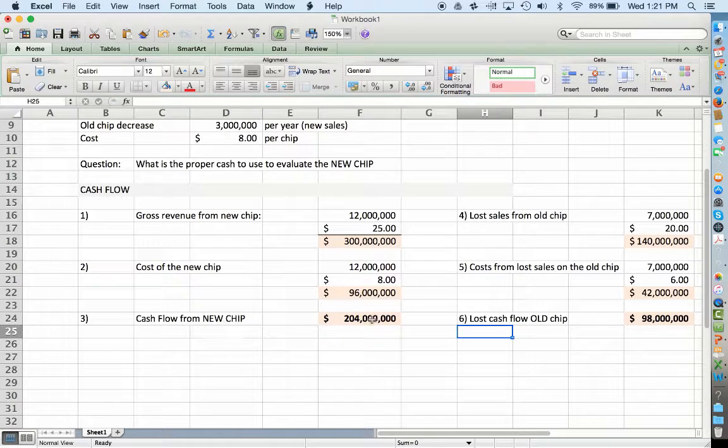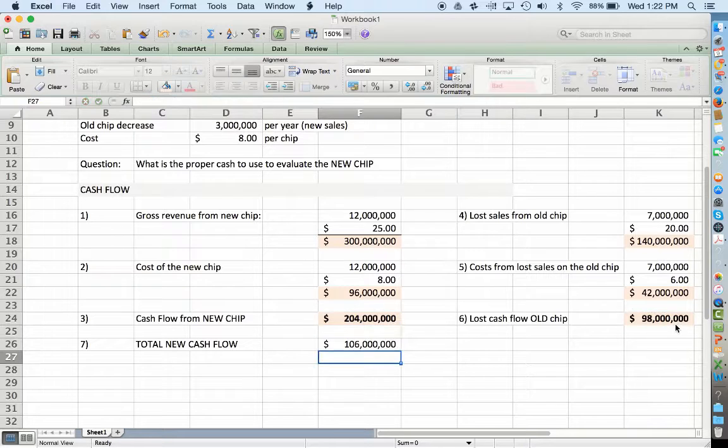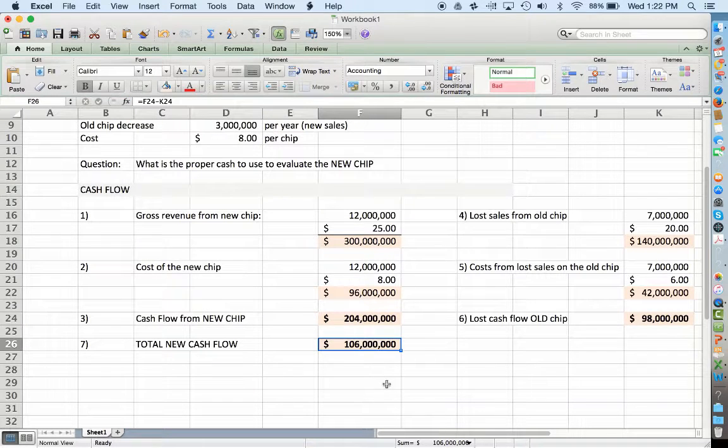I have lost cash flow from the old chip. And the total new cash flow then is the difference between those two numbers. 106 million. Okay? James.